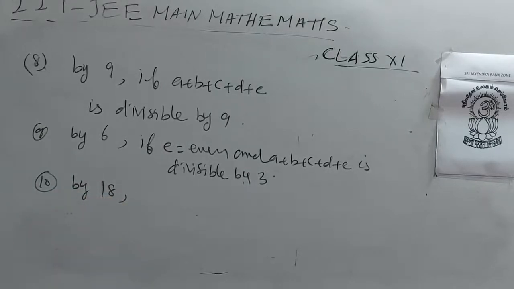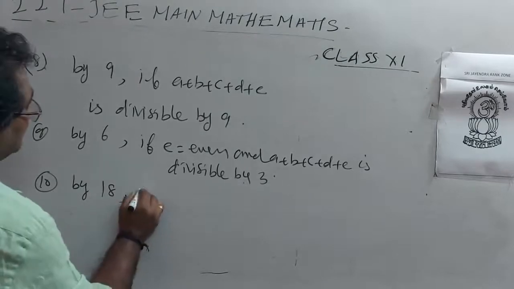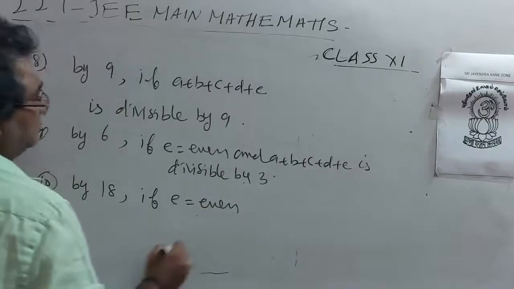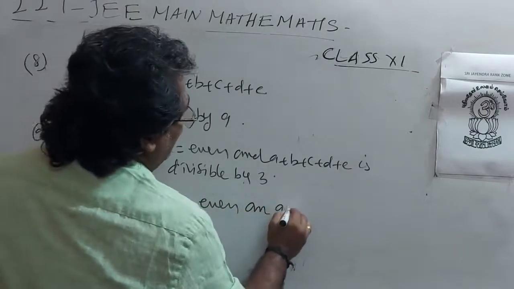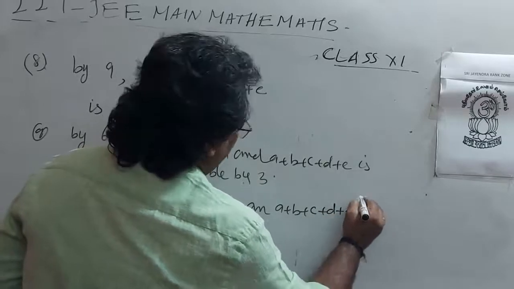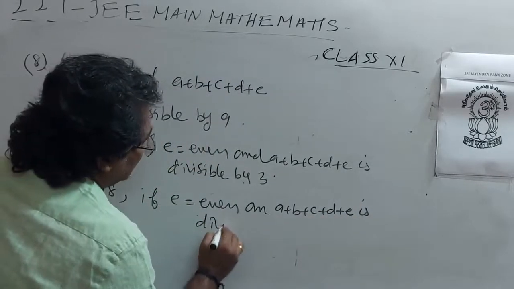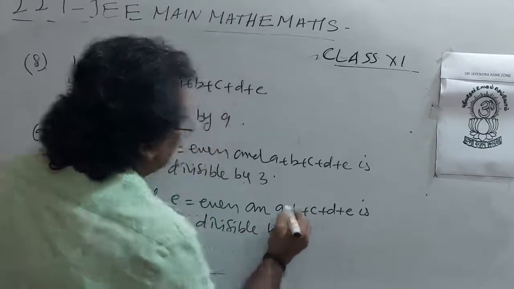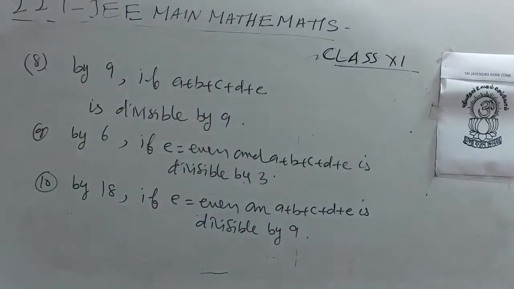By 18, if E is even and A plus B plus C plus D plus E is divisible by 9.